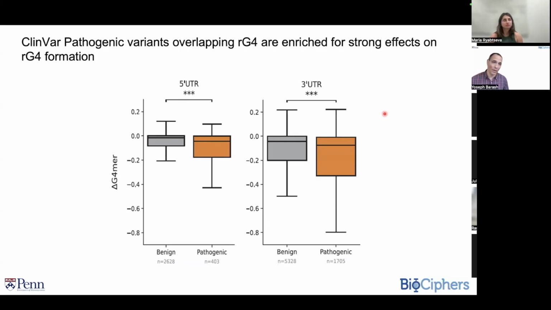So that's one thing to think about. And the other one is that ClinVar is highly, highly, highly biased. People have been looking for things that would hit splice sites and disrupt them for decades. They haven't been looking for G-quads being broken. So this set by itself is highly biased.